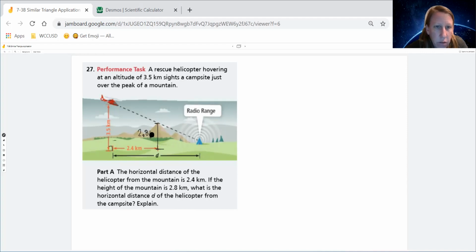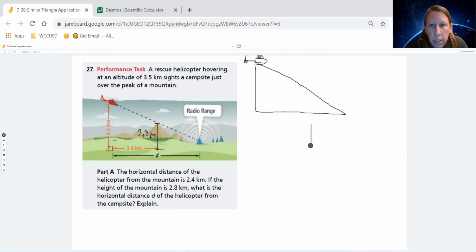All right, this one's different than the ones we had because the two triangles are kind of in one. So I'm going to draw them out separately. I'm going to draw the helicopter one. Here's the helicopter. Trust me. And then I'm going to draw this little triangle.